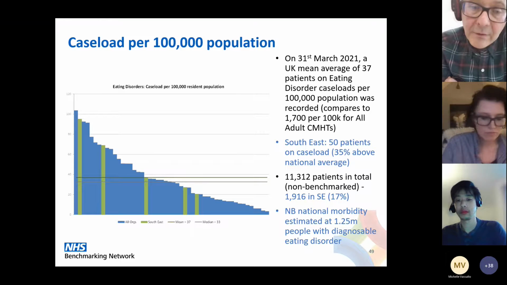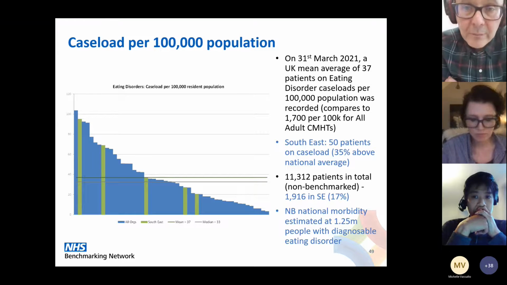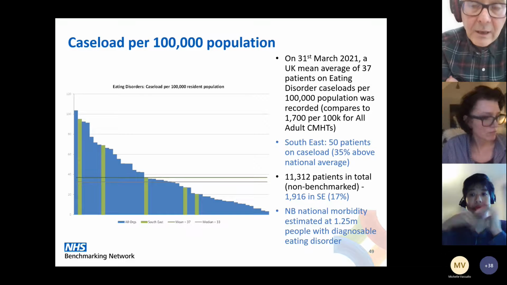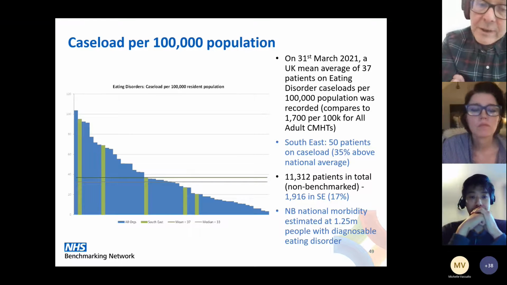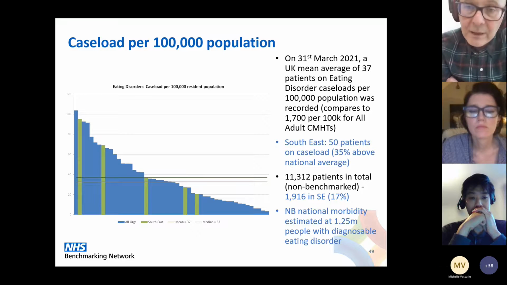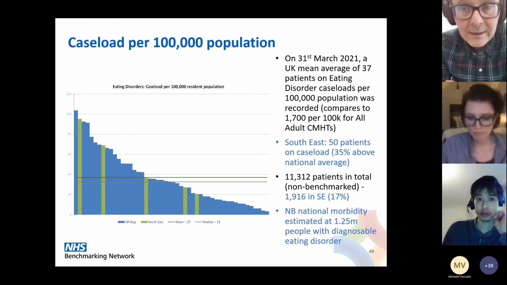If you compare that with the 11,300 who are on caseloads, it's about a 1% representation of people who may have a diagnosable eating disorder and those who are actually currently being supported by services. So the region is slightly better than the national average here, but there's something about, is this the psychiatric specialty with the largest treatment gap? It's an open-ended question, but we think the evidence suggests quite clearly it is.